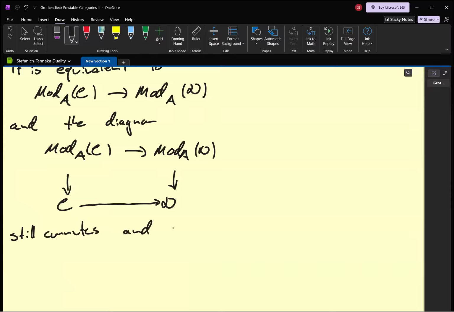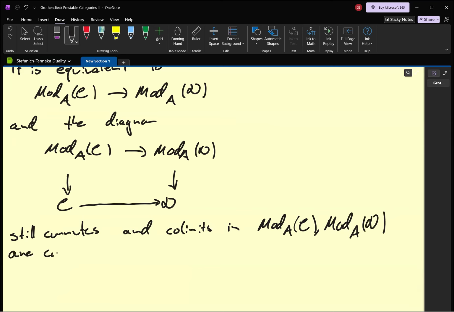And now we of course know how colimits are computed in mod. What's the B doing there? In mod they are computed underlying, after forgetting to here.